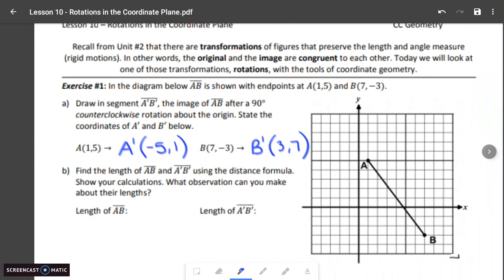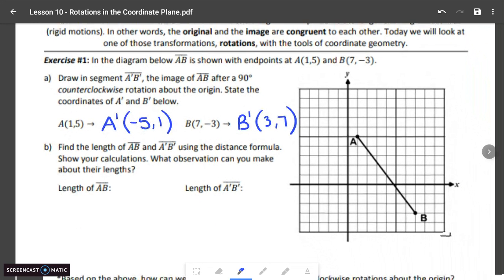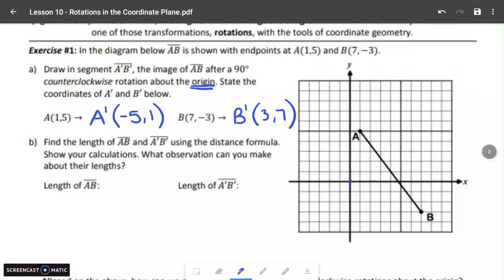We can determine that by simply turning our page counterclockwise. We're rotating around the origin. So we're just turning our page from this spot. So that's how we get those points. So -5, 1 is here. B prime 3, 7. And we're going to connect that line to make our segment.